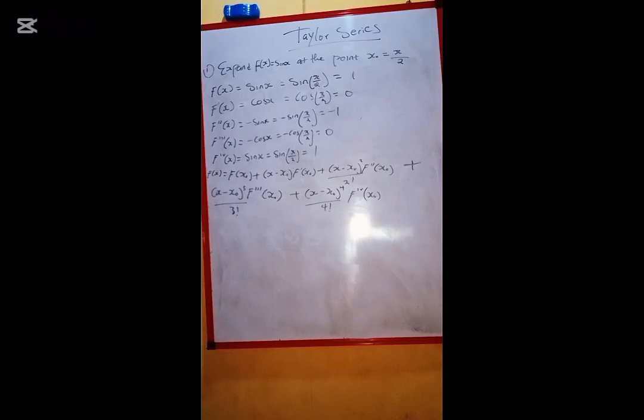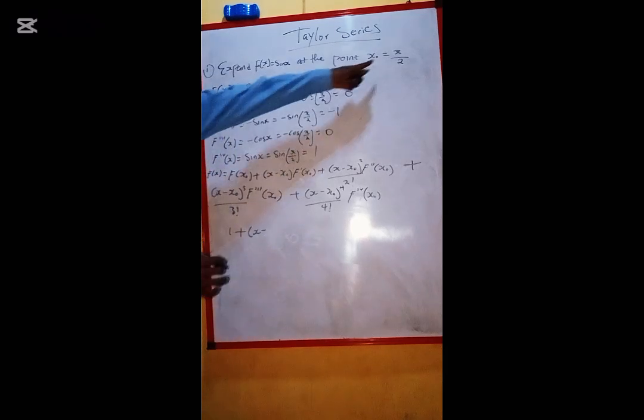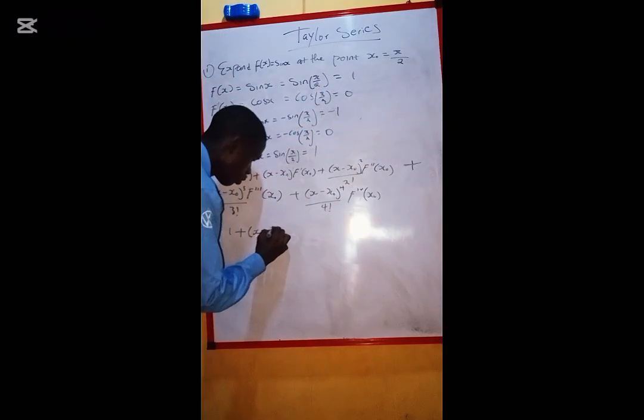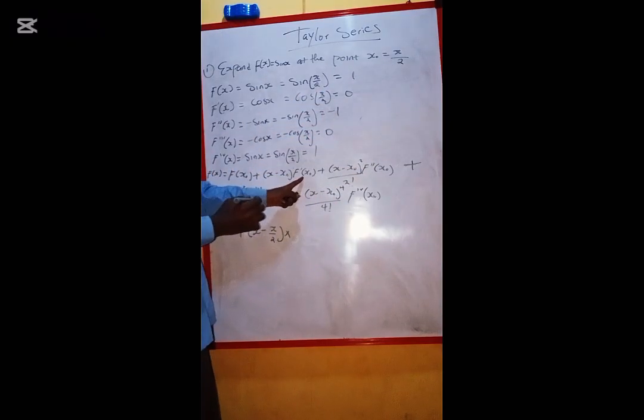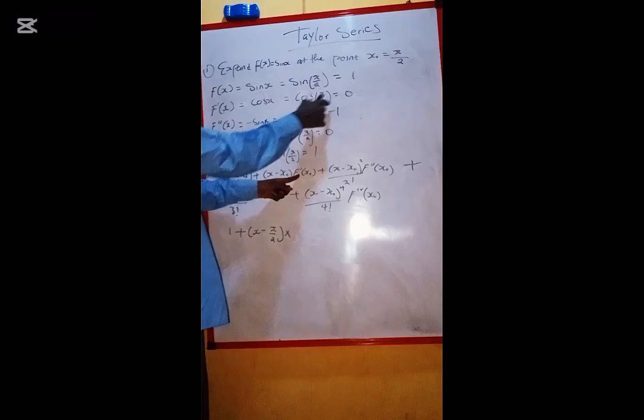So also my f of x here is 1, plus x minus pi over 2 times the first derivative. Look at it, the sine derivative there is 0.